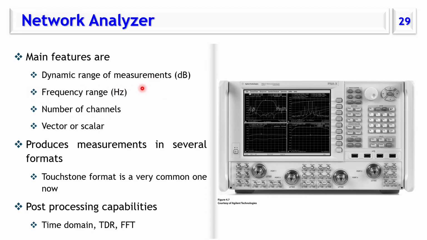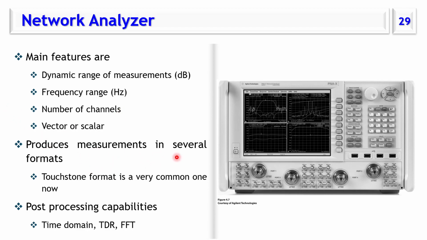Also the frequency range, and the number of channels. If the number of channels is 2, you can only measure 2 port networks. If the number of channels is 4, you can measure 4 port networks, and so on and so forth.